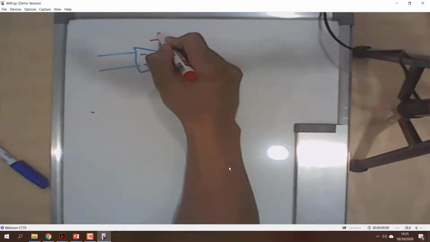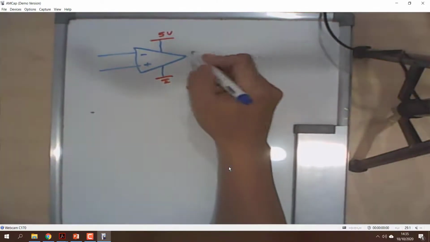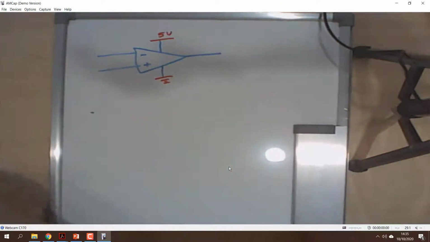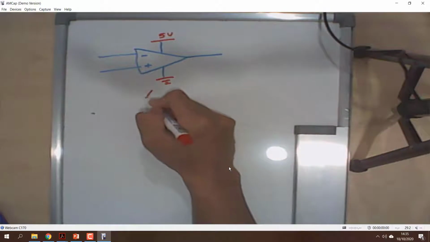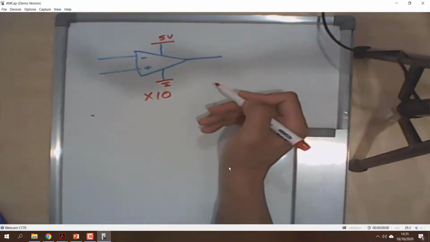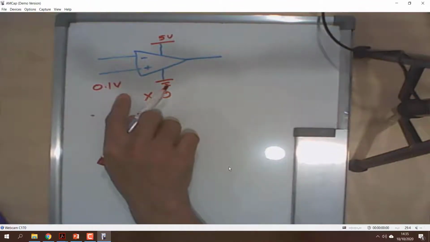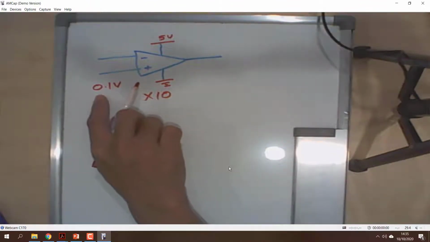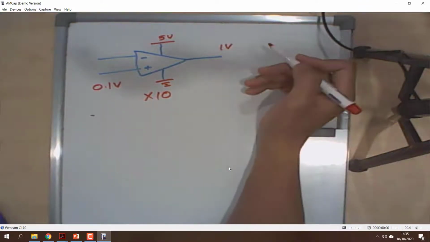For example, you put 5 volts here, and this one is ground, and this is your output. Let's say the gain of this op-amp is 10. When I put in an input of 0.1 volt, times 10, you should get 1 volt.